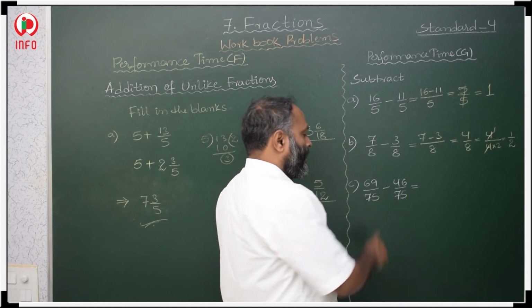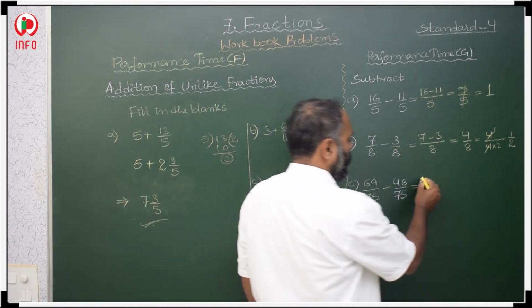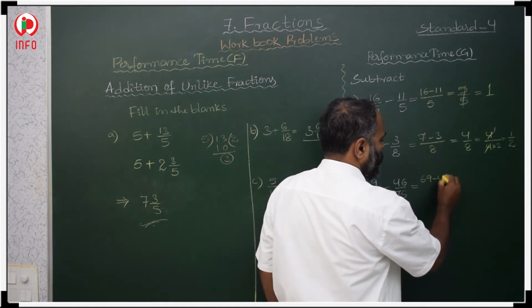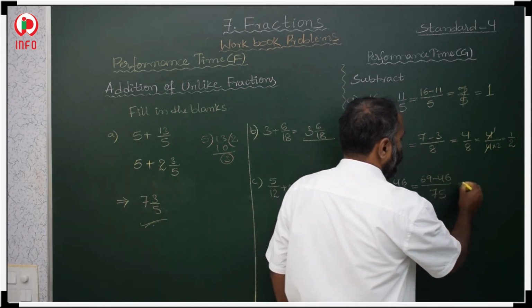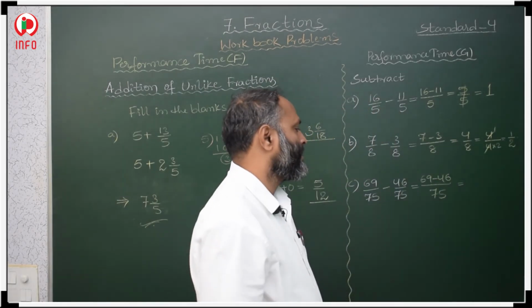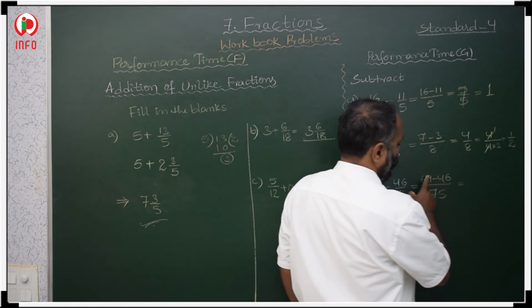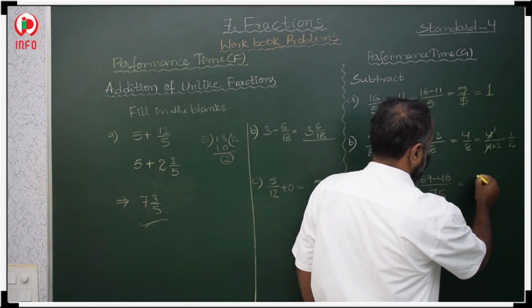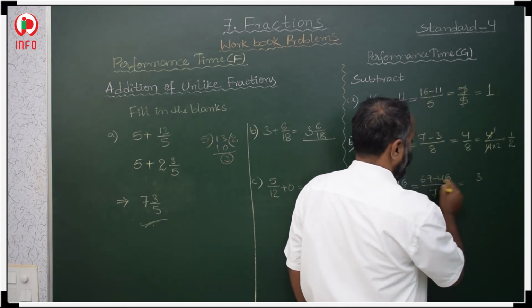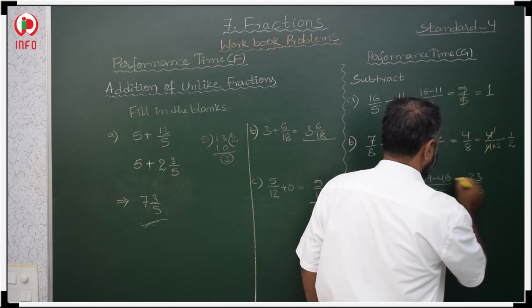Here by 75 means like fractions. How to subtract? 69 minus 46 by 75. 69 minus 46 is how much? 9 minus 6 is 3, 6 minus 4 is 2, so 23 by 75.